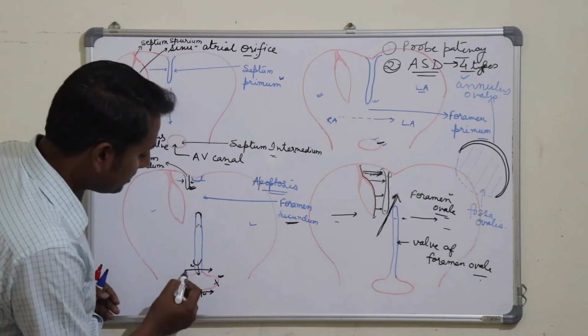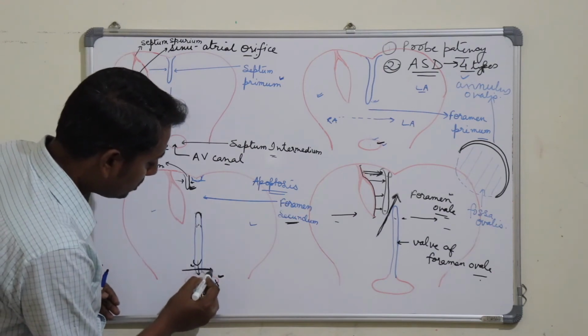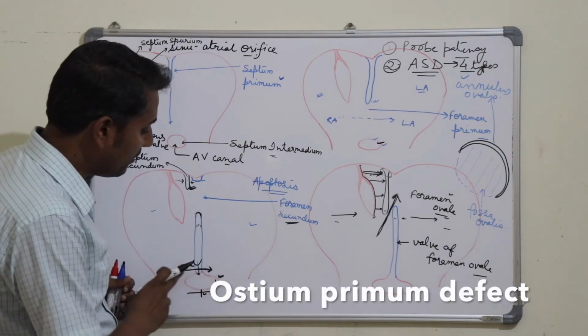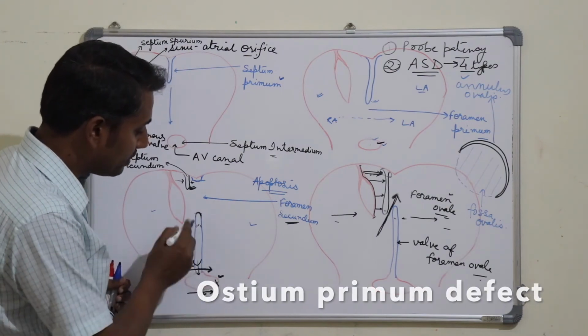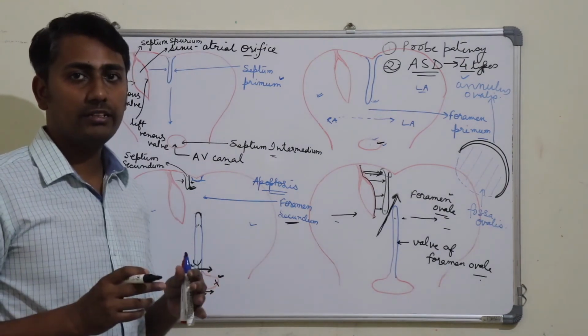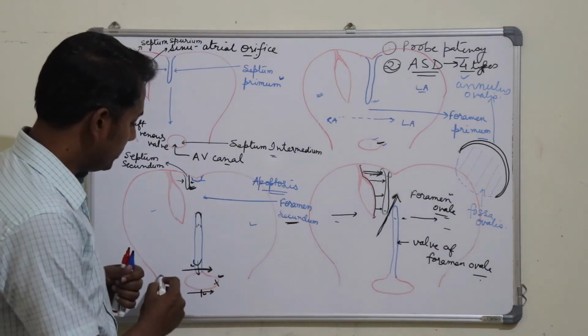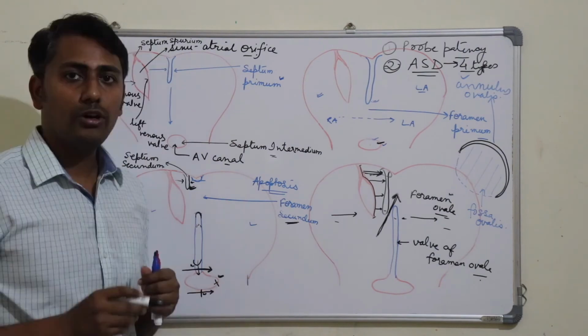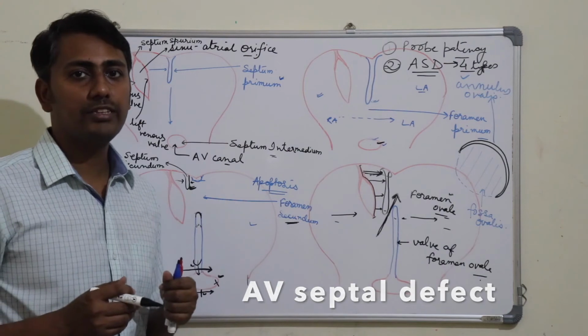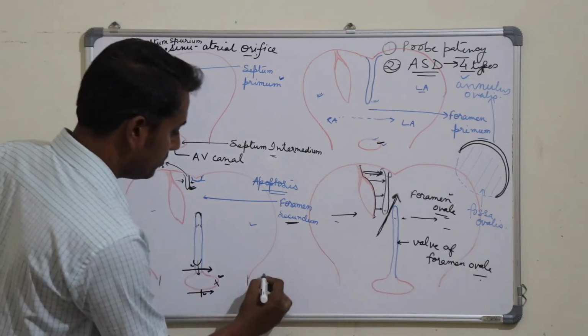So therefore, there is a patent ostium primum defect. This is known as ostium primum defect due to the defect in the septum primum. This endocardial cushion defect, which is associated with a persistent AV canal, also known as AV septal defect, is commonly associated with Down syndrome.